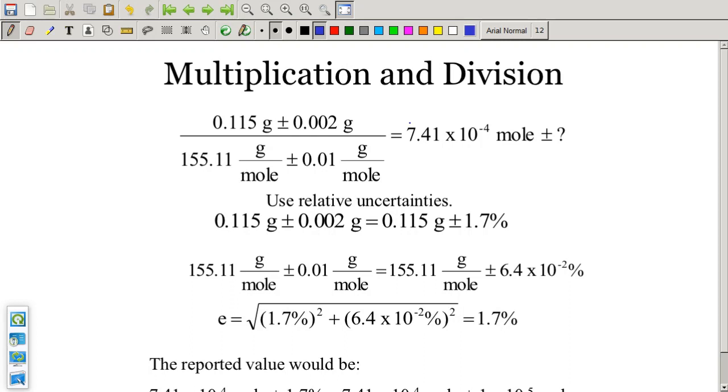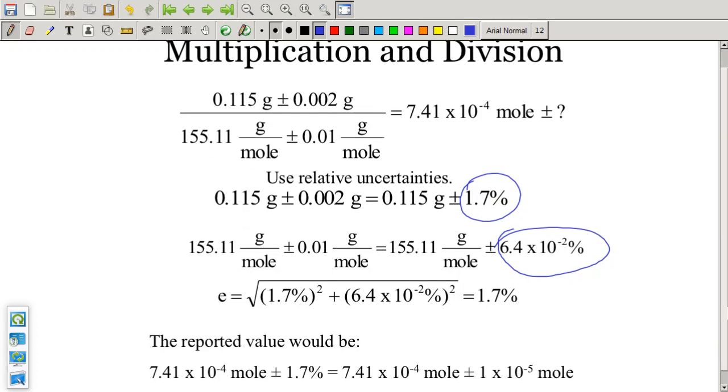You see some variation in molar masses that are reported on the periodic table, and so oftentimes you can say the absolute error is about 0.01 grams per mole, depending on isotopic measurements and all that. So I'm going to calculate the relative uncertainties, and I find with my mass, the relative uncertainty is fairly large with respect to the molar mass. And so if you run into a situation like that, probably the larger of the two uncertainties is going to be dominant as far as your calculation is concerned.